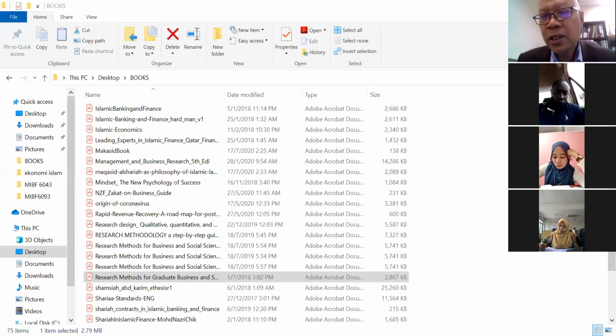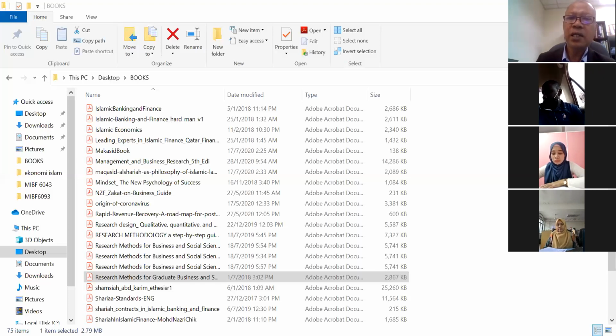For example, because of COVID-19, the collection of zakat is on a decreasing trend. And because the collection of zakat is on the decreasing trend, some zakat payers are not able to pay zakat because some of them might lose their job, some of them might have to take a pay cut.